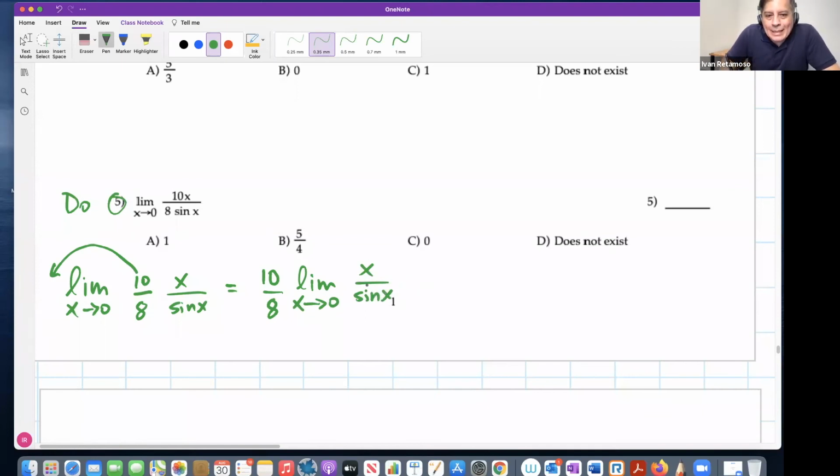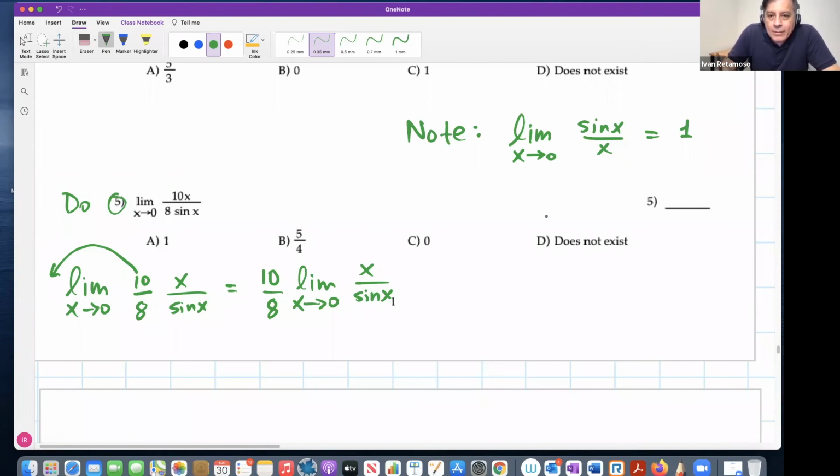Professor, I know the result of this limit as x approaches 0 of sine of x over x is 1, but here it is kind of flipped. How can I use this to get this?